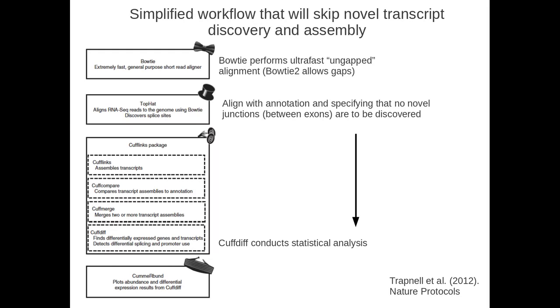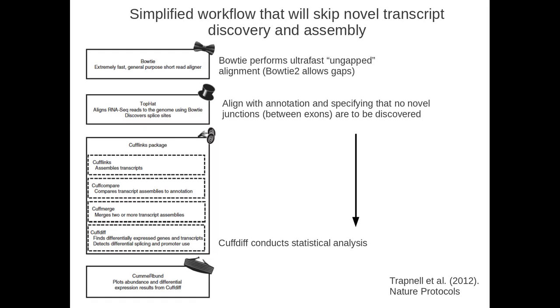Cufflinks, then, it's clear what it does is to assemble the different transcripts naively, using evidence from the data for individual transcripts, and effectively creates its own annotation of the genome based upon the transcripts that are in the data set. And then Cuffdiff, if you go through the workflow we just went through, will estimate the abundance of each transcript and test for differences in expression for all inferred transcripts.